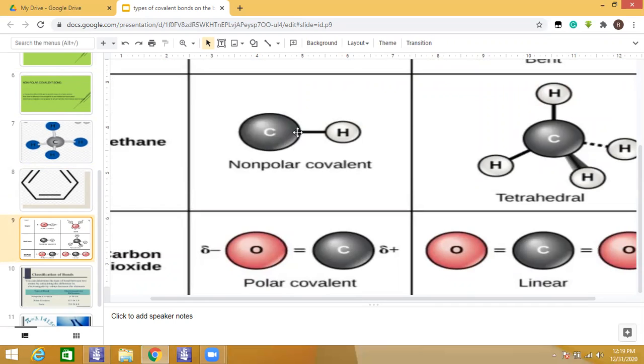This one is methane, CH4, and this is again a non-polar bond. Here is carbon dioxide, where the two different atoms have different electronegativities. So this example is also a polar covalent bond.